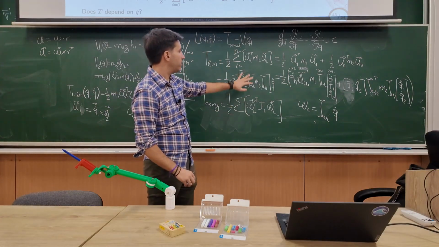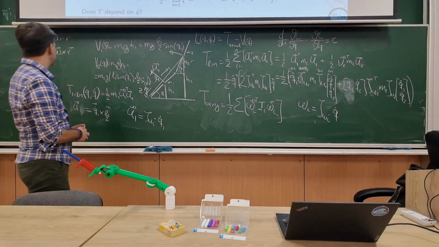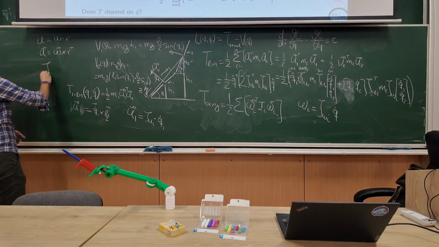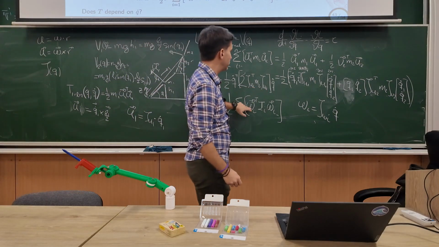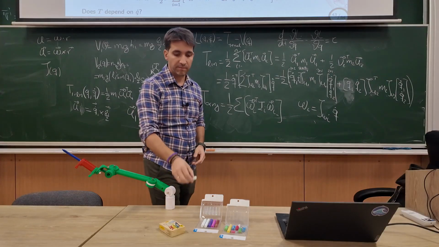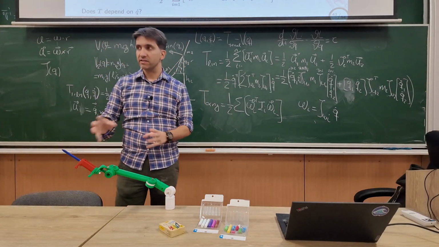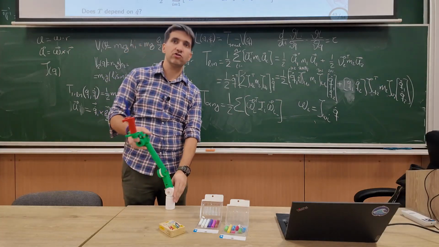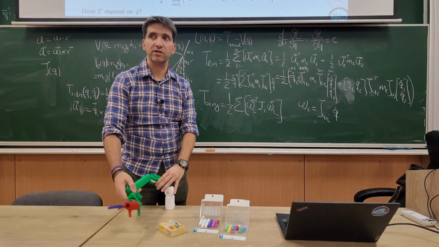What part here depends on Q? The Jacobian, right? You remember the Jacobian is a function of Q. The Jacobian is used here. So what this tells me is that the kinetic energy of the system does not depend only on joint velocities, but it depends on joint positions as well.